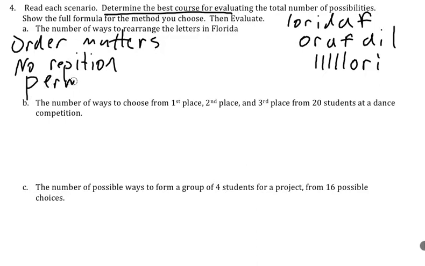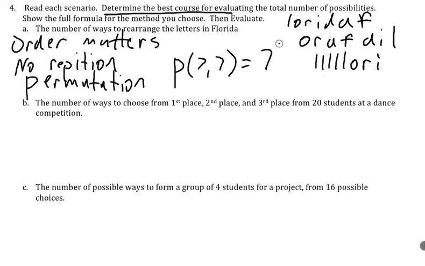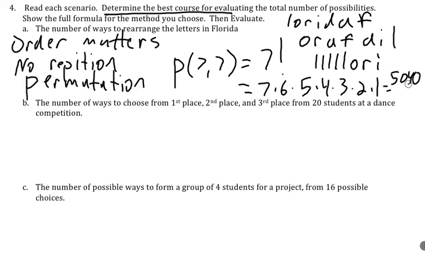This is permutations. We're selecting the appropriate tool because we've asked ourselves some important questions. This is specifically 7 pick 7 or 7 factorial. Some of these we've done so often, you may memorize what 7 factorial is. It's probably a good idea just to write out the steps anyway, just in case you can get partial credit, but it's 5,040.